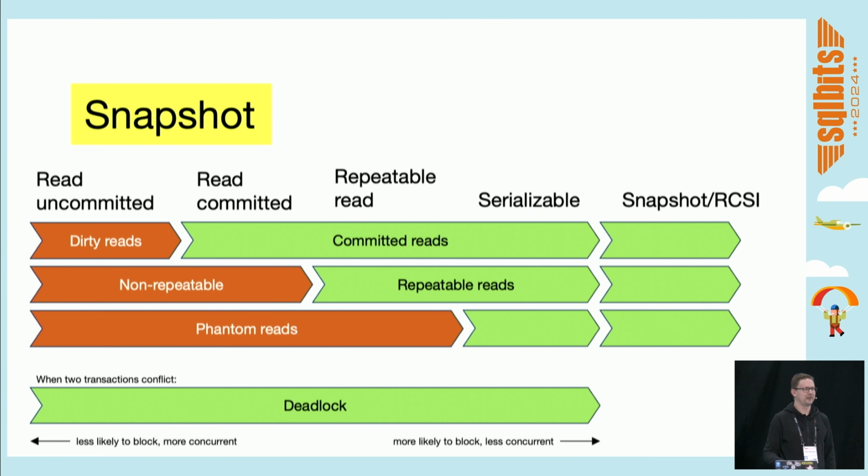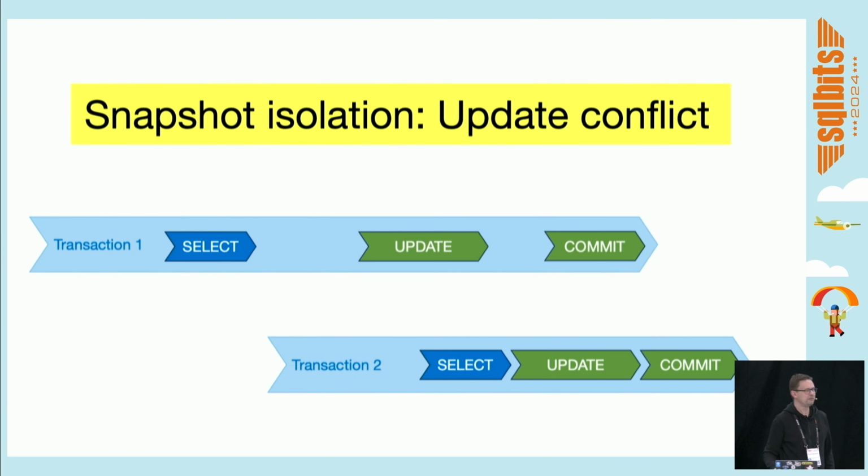But what about deadlocks, I hear you ask? Well, deadlocks are tricky. Deadlocks happen when two processes try to update the same thing, right? They can happen for snapshot isolation transactions as well, but it's not called a deadlock. It's fundamentally just slightly different, and because of that, we call it an update conflict. And we're going to look at that in a demo. Oh, we're going to look at some slides. So imagine, again, transaction 1 does a select. Version 0, it updates, but it's still in the transaction. It's still locked, right?